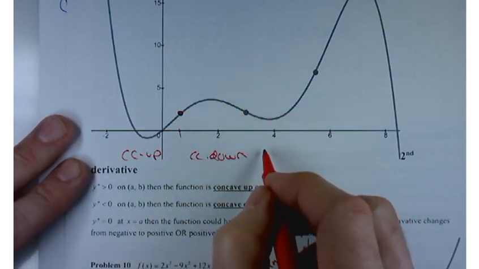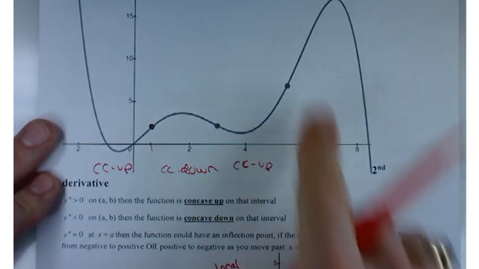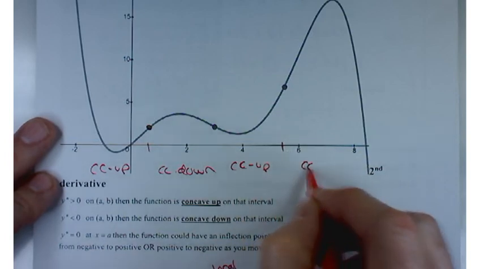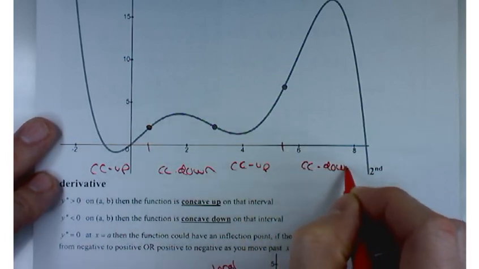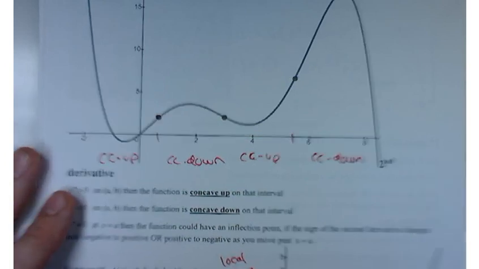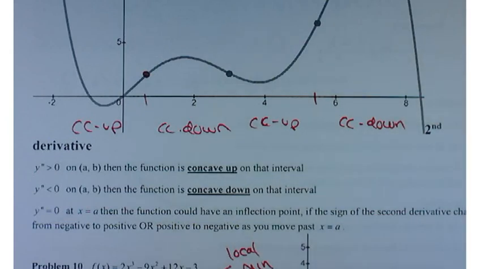And then the next 2 points, concave up. And from here over, concave down. And what measures the shape of the function in that regard is the second derivative. If the second derivative is positive, then it has a concave up shape. If the second derivative is negative, it has a concave down shape.